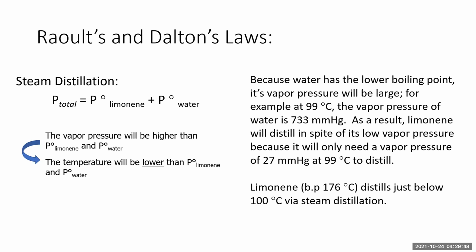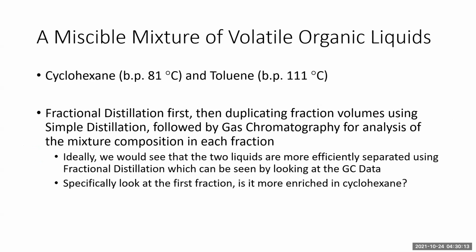And so limonene doesn't have to produce as much in order to reach that threshold where we can get boiling. So it's very neat, but limonene will actually distill just below 100 degrees Celsius using steam distillation as a technique, which is great because it will not decompose at that temperature.